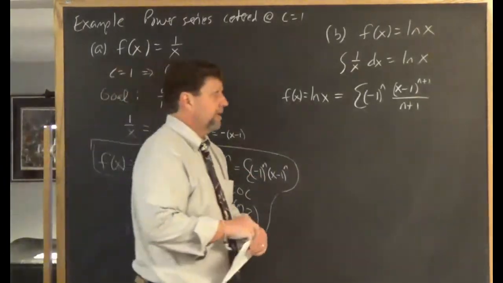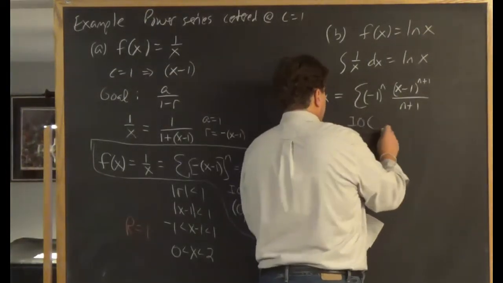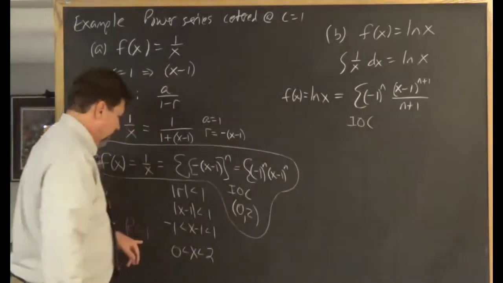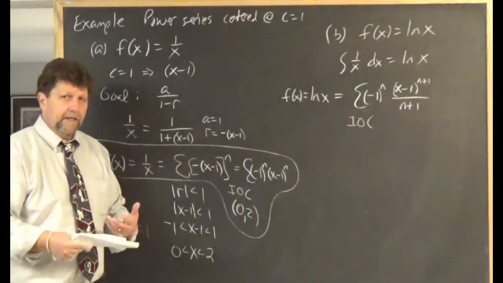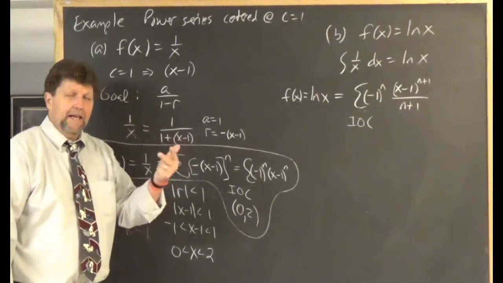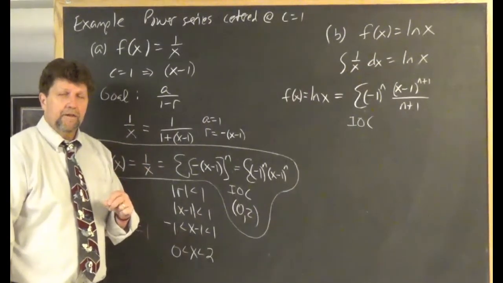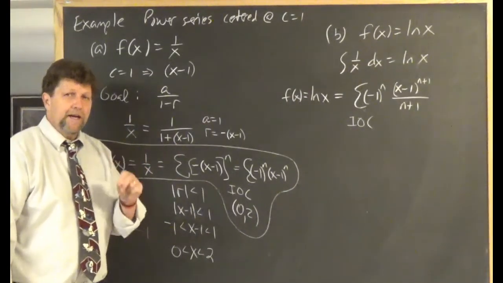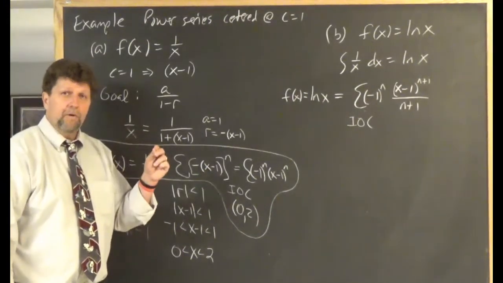Now the interval of convergence, well, that's why I mentioned over here what the radius of convergence was. Because remember that theorem that we saw early in this video? That theorem said the function, derivative, and integral all have the same radius of convergence. And because they all have the same radius of convergence, the only place they could differ is at the endpoints.